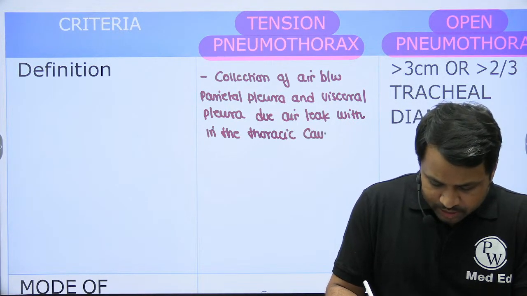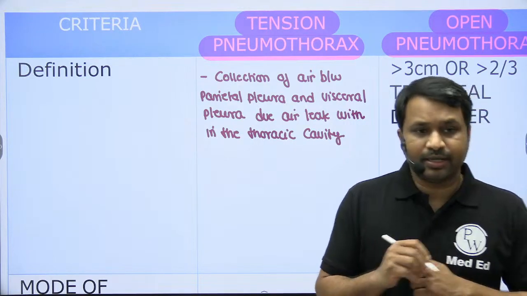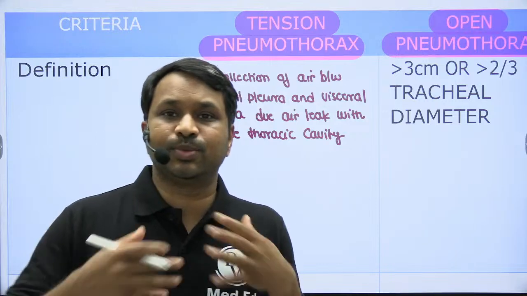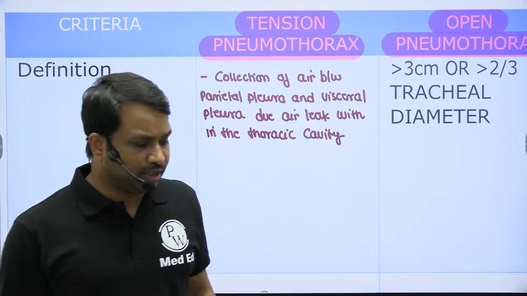So the source of air leak is within the thoracic cavity, and that is what we call tension pneumothorax.